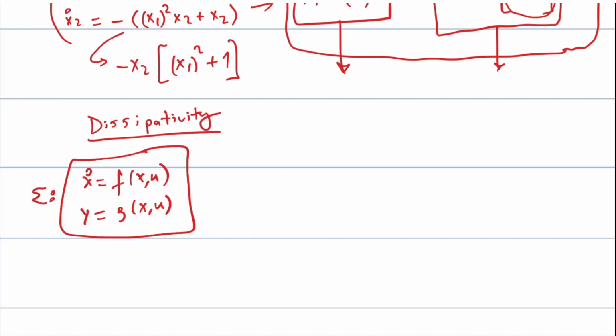If you have some function V, it is called a storage function, and it is positive, I don't need to write for x not equal to 0, it will be implicitly stated.